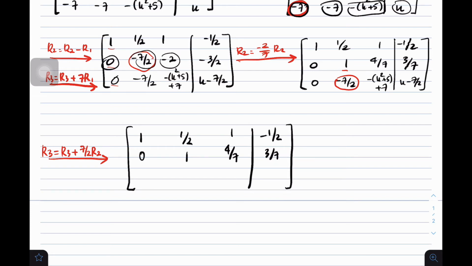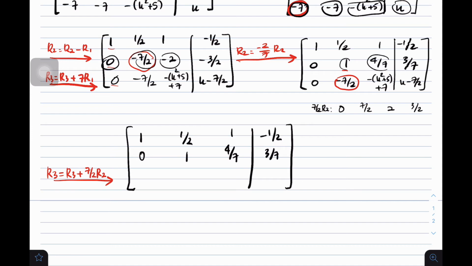Okay, so now what we do is row number 3, we will add it with 7 over 2 times row number 2. So let's find what is 7 over 2 times row number 2 first. So 7 over 2 times 0 is 0. 7 over 2 times 1 is 7 over 2. 7 over 2 times 4 over 7 is 2. 7 over 2 times 3 over 7 is 3 over 2.